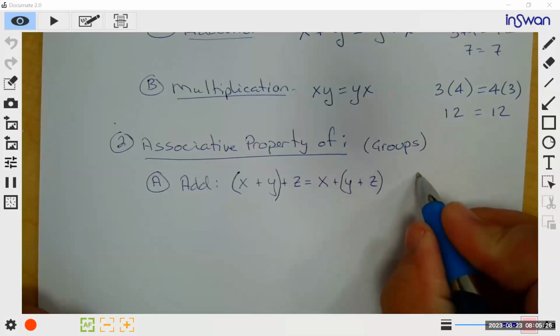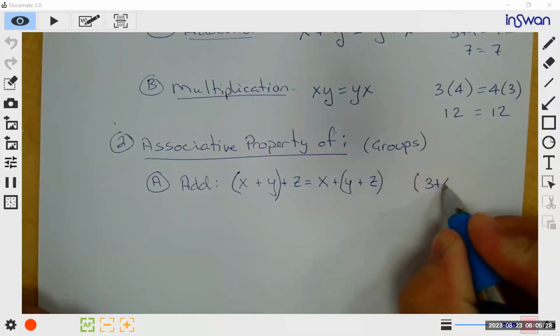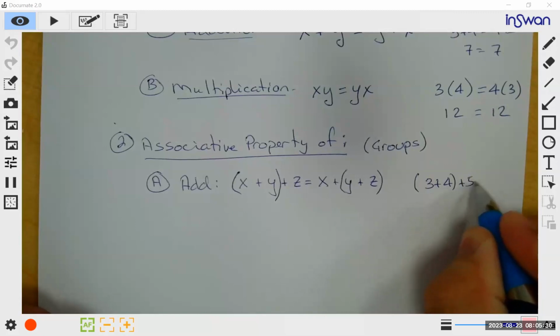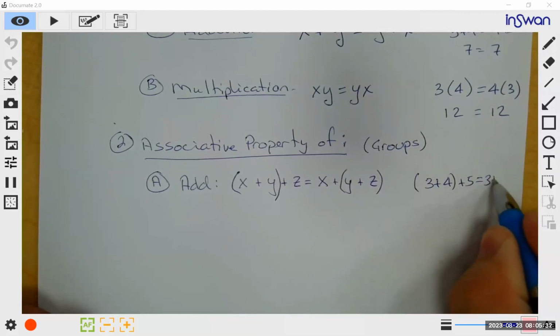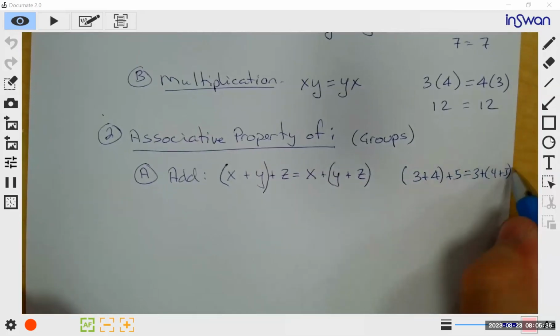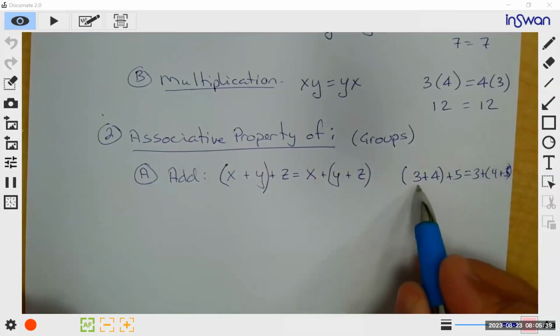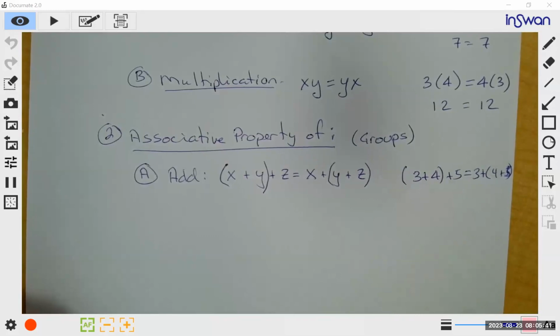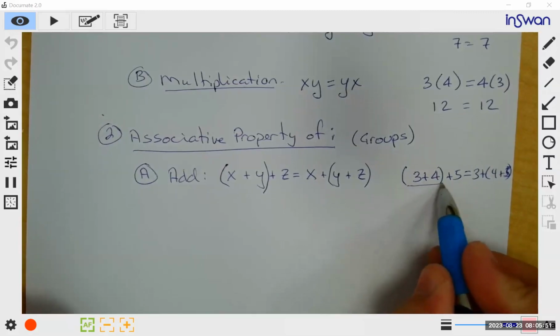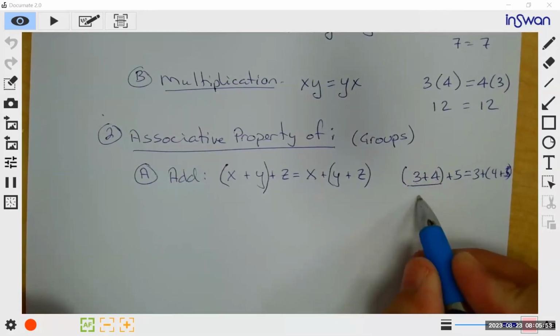For example, we have (3 plus 4) plus 5 equals 3 plus (4 plus 5). So on this side, what do you do first? On the left side? Inside the parentheses, right. So we're told to do this first. 3 plus 4 is 7.